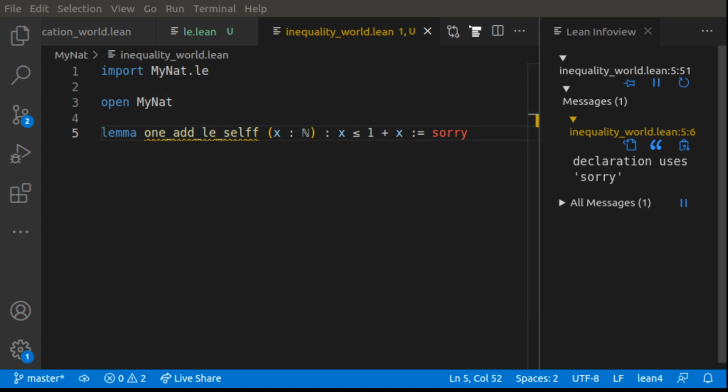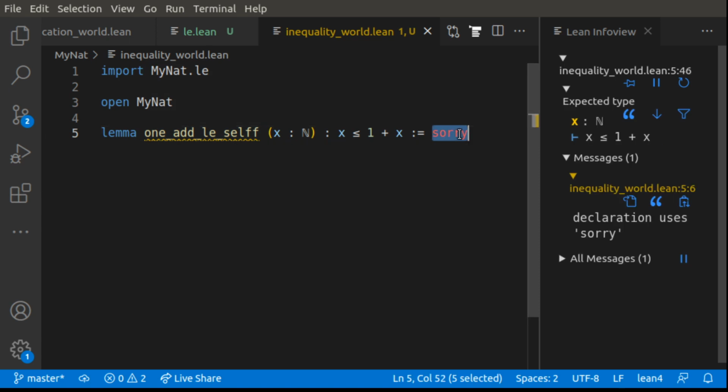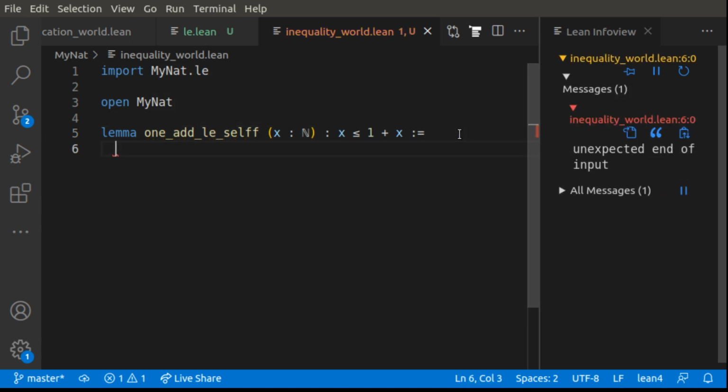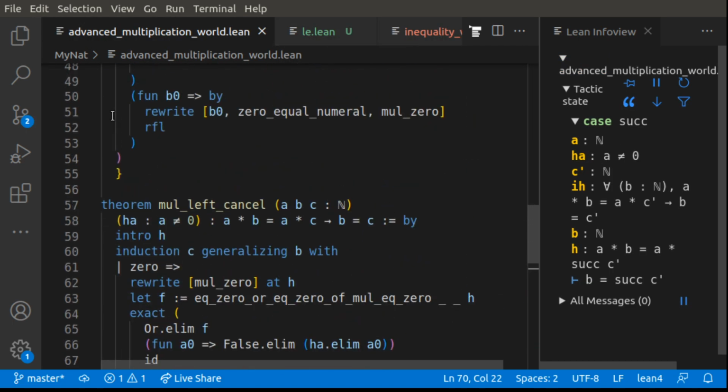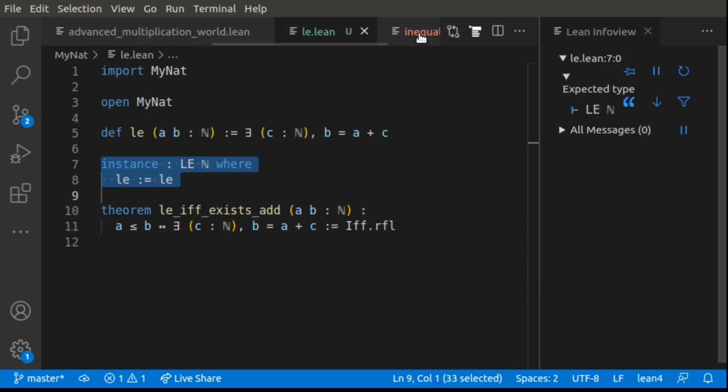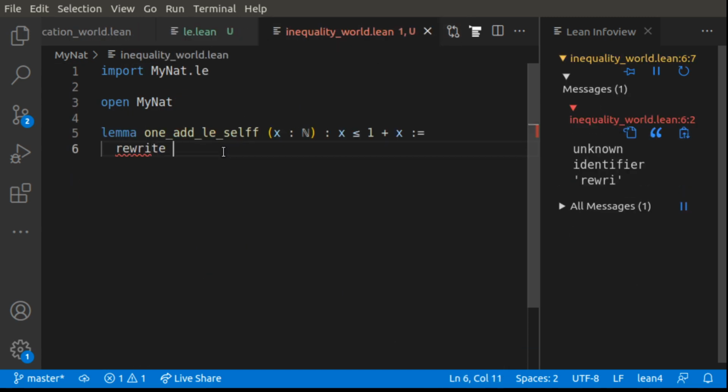So how do we do this? First, we can turn the goal explicitly into an existence problem with rewrite, or rw. Rewrite which lemma?